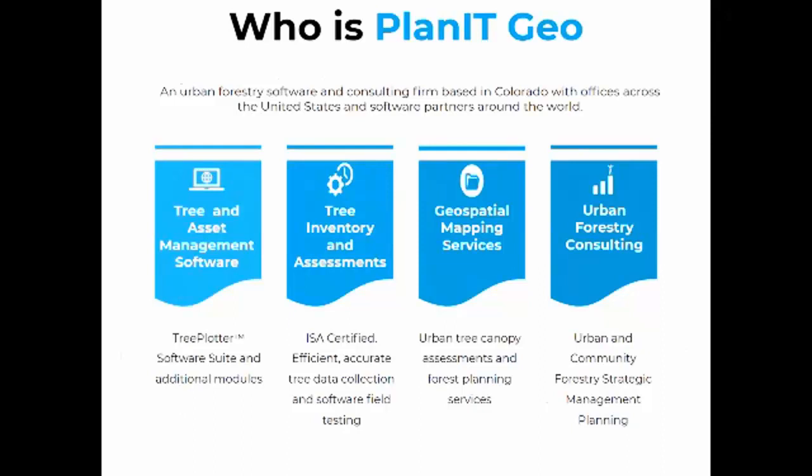That is our product section of the company. We also provide consulting services in the form of tree inventory and assessment services, so going out and collecting tree inventory data. Geospatial mapping services, where mostly that consists of urban tree canopy assessments. And then we also offer urban forestry consulting, mostly in the form of urban forest management plans.